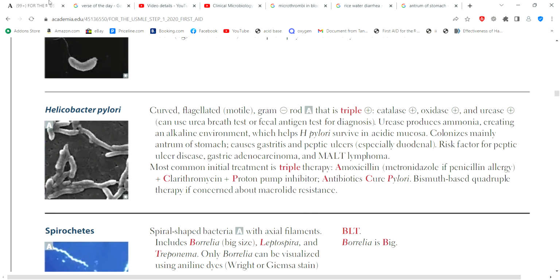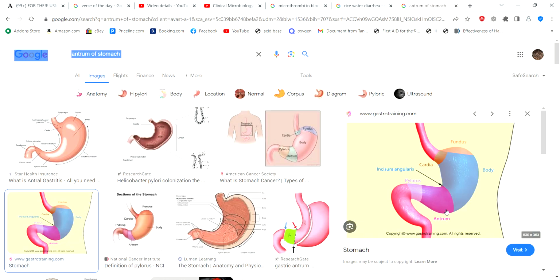H. pylori colonizes the antrum of the stomach. How do you remember this? Antrum. This is the antrum of the stomach right here. First you have antrum, then you have the pylorus, right? I just remember that the antrum is closer to your pylorus.